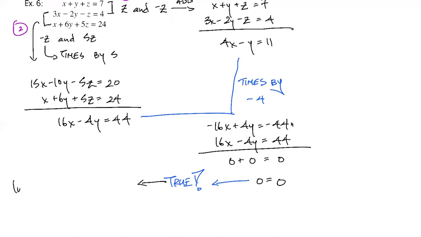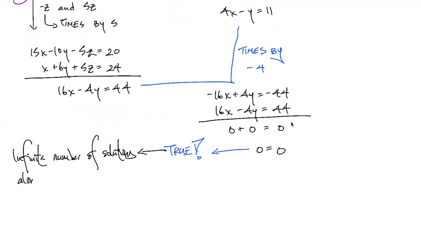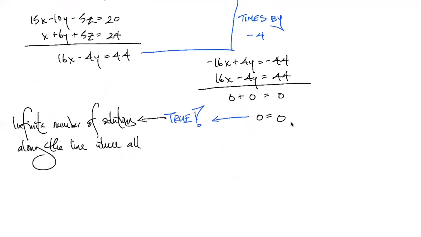That means there's an infinite number of solutions along the line where all three planes intersect. Okay, so we have an infinite number of solutions along the line where all three planes intersect.